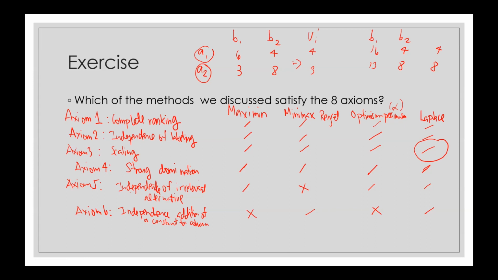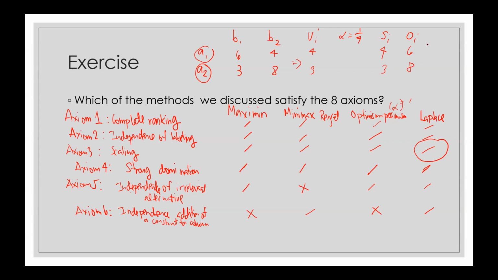In the same way, we can always set alpha equal to a constant that will not satisfy. An example: suppose our alpha is 1/4. We compute the best and the worst. For A1, the worst is 4 and the best is 6. For A2, the worst is 3 and the best is 8.